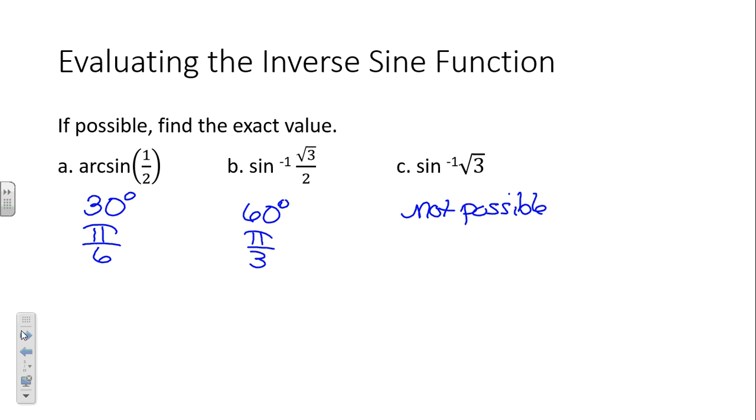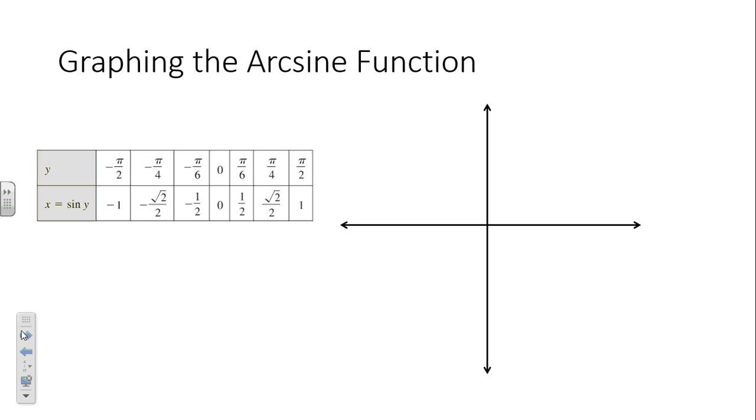Questions on this one? Okay, so if we are graphing the arcsine, the inverse sine, then remember that this is the inverse of the sine. When we graph y equals the sine of x, we plug in values for x and see what it is for y.